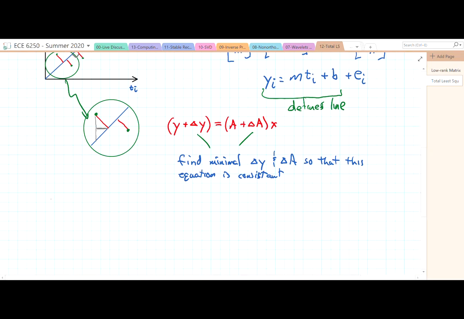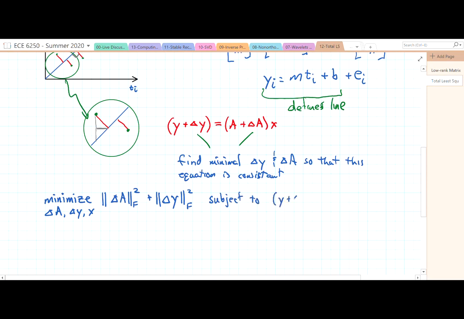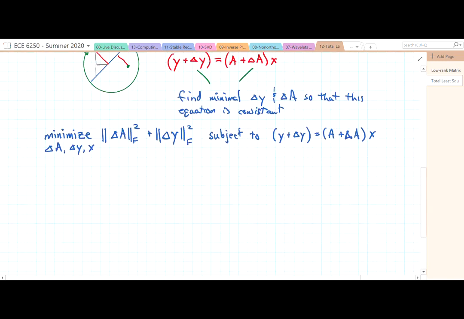So how do we do this? We're effectively going to minimize over delta A, delta Y, and X the Frobenius norm squared of our delta A and our delta Y, giving them equal weight right now, subject to Y plus delta Y equals A plus delta A times X, where the Frobenius norm squared is the sum of each individual element squared.